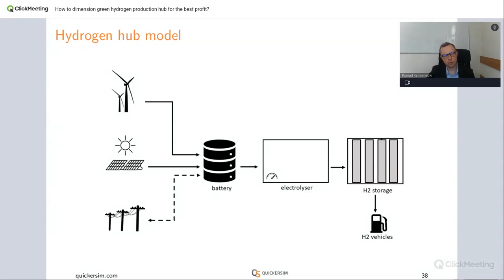We have renewables, we have the grid also connected to the installation, we have the battery, we have the electrolyzer, we have storage of hydrogen. Actually, here you see one more element, the hydrogen station, but this is not included in the capex. So we can say that our installation ends on hydrogen storage.